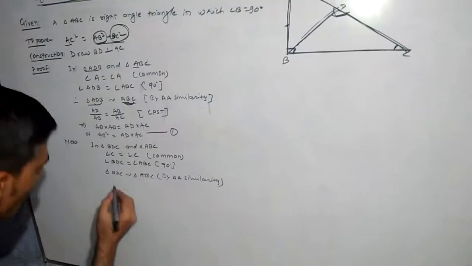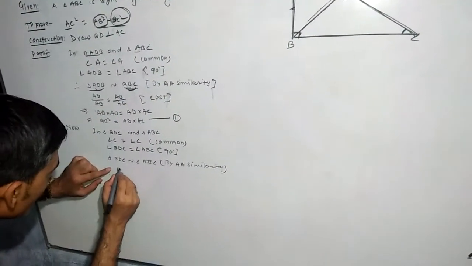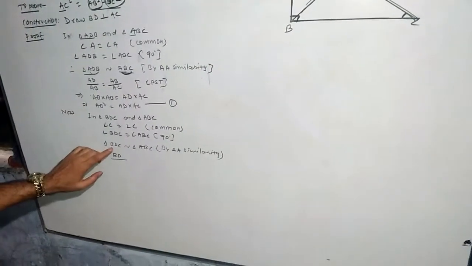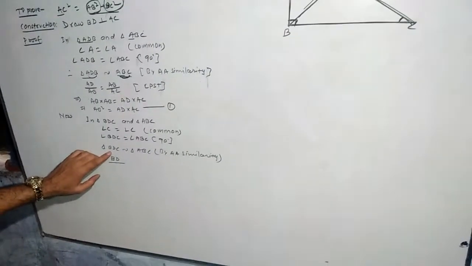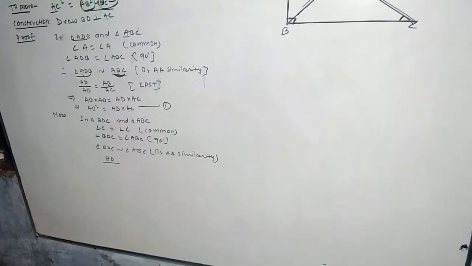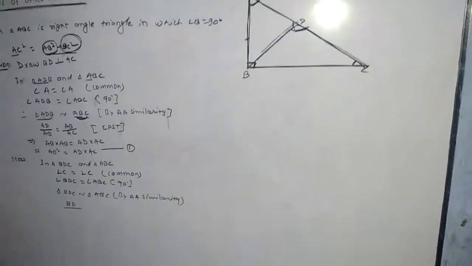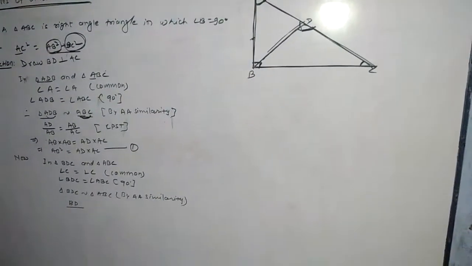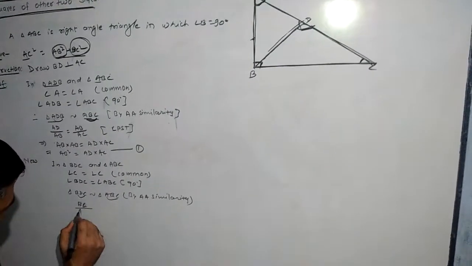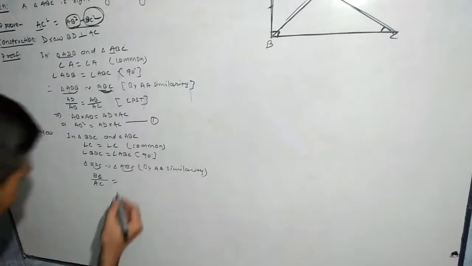Now we can write here BD by BC by AC and DC by BC.